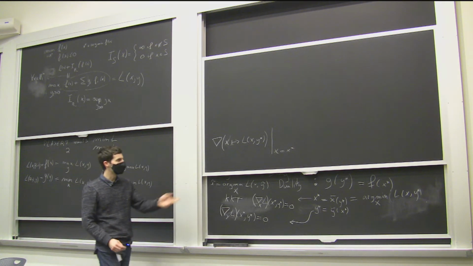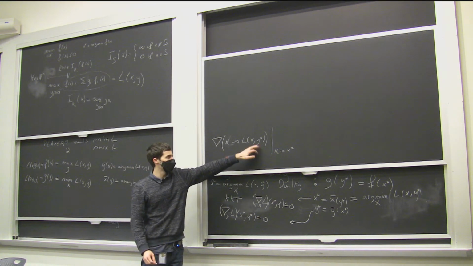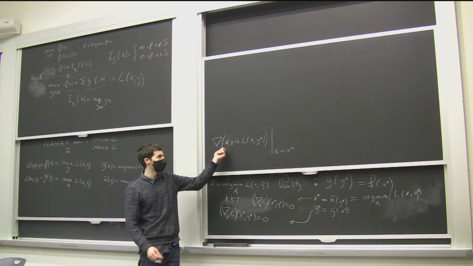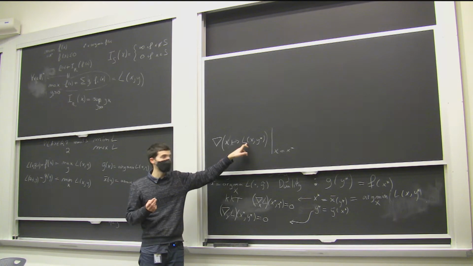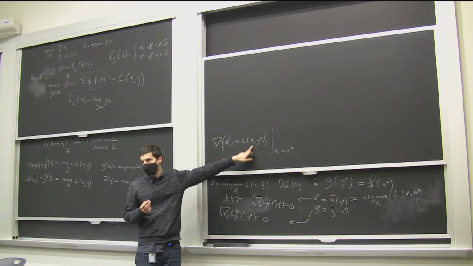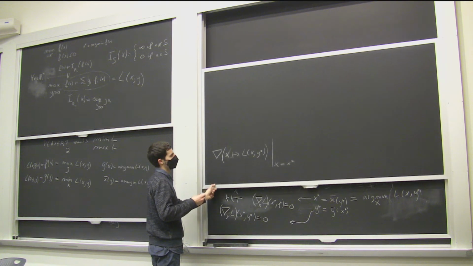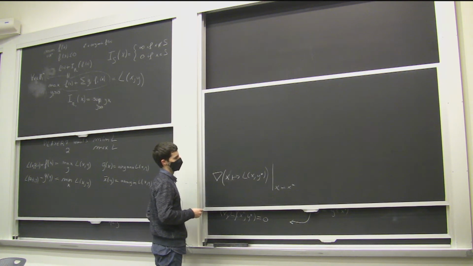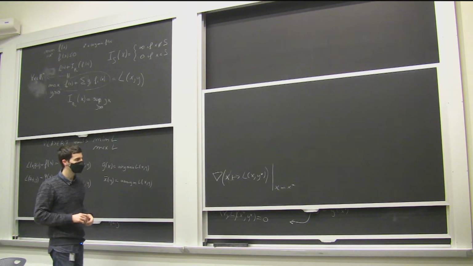So somehow here in this function, y is a constant. So when I say the gradient of this, there is only x as variable left. And so it's clear that you only differentiate with respect to x. So it's like the partial derivative of L with respect to x.